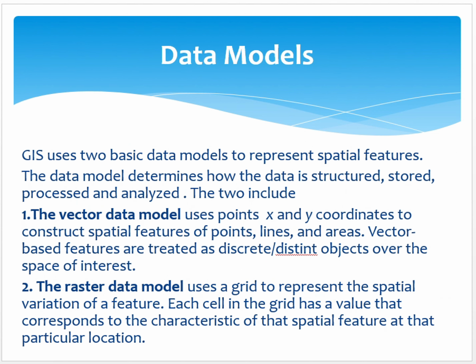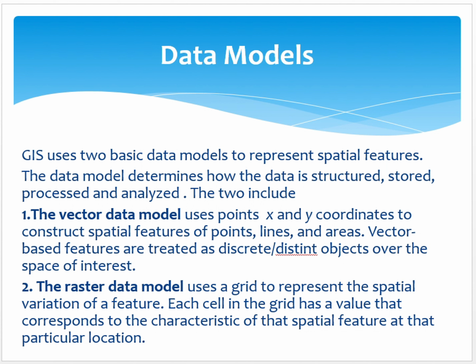Let's also look at data models. Data models are 2. In GIS, you either have your data in a vector model or a raster model. The spatial features, the features I've said of an environment, can be in either the vector or the raster data model. This is how you store, structure, analyze and process the data you have.